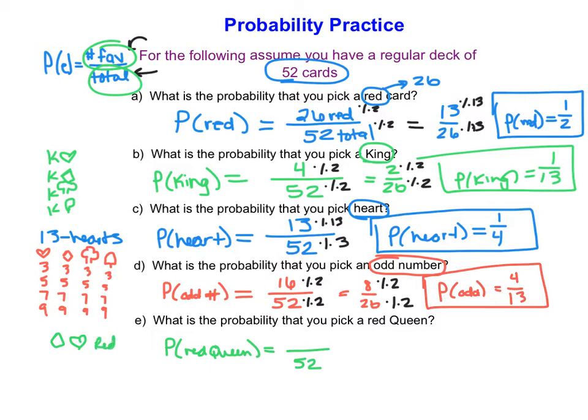The other 2 suits are black, and each of these will have 1 queen. So I have a total of 2 red queens in my entire deck. Then I can see these are both even numbers, so I'm going to simplify them. And I find that the probability that I have picked a red queen out of my deck at random would be 1 over 26.